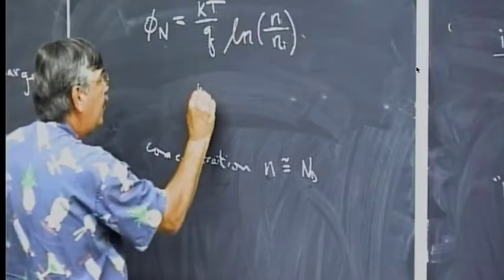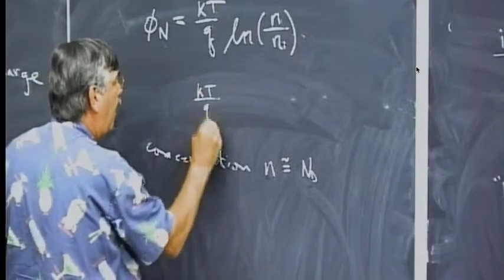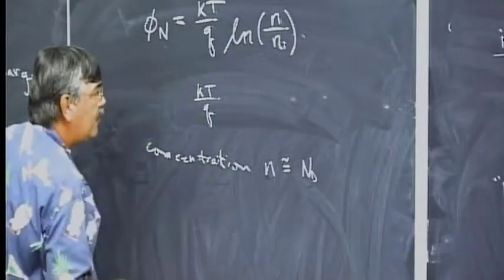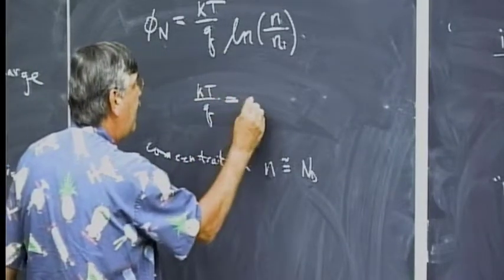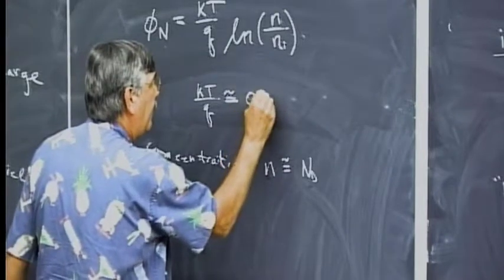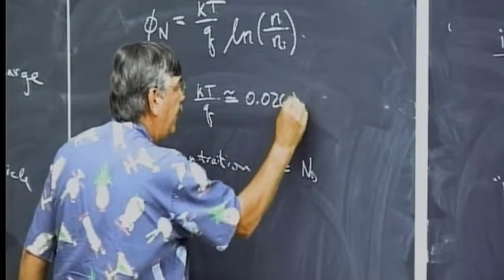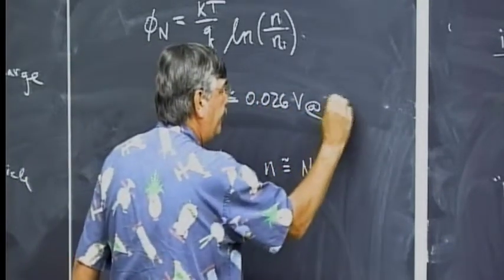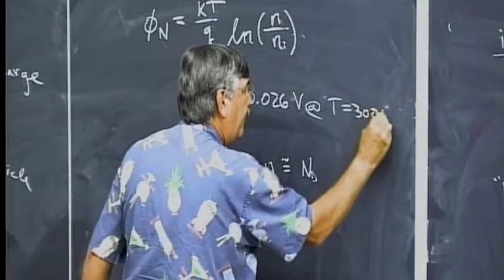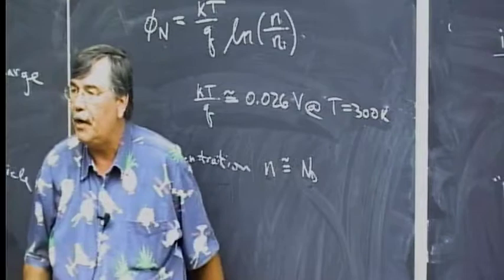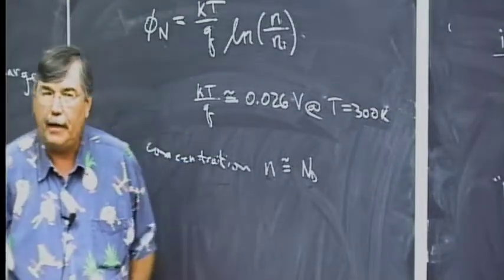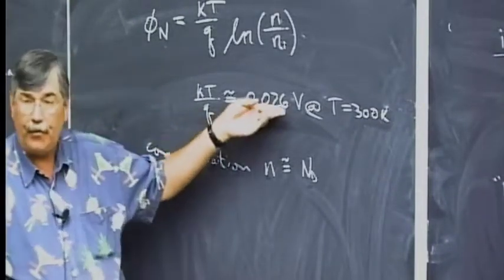kT over q, for our purposes, is almost always more important than any of the individual terms. So I'll ask you to memorize that kT over q is about 0.026 volts at room temperature. Right off the bat, we don't necessarily know what temperature it is on a given day, so this number is not always 0.026.